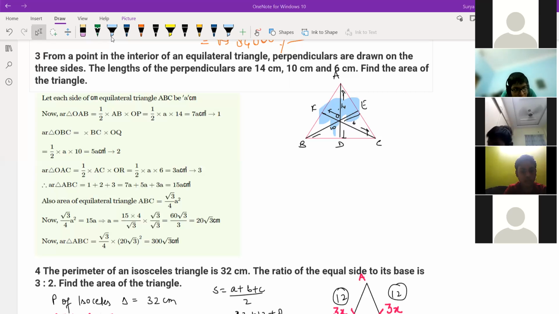For some reason, I got 60 divided by 2. Wait, I'll just try. What plus there? Nothing. I just made a mistake in the fractions.